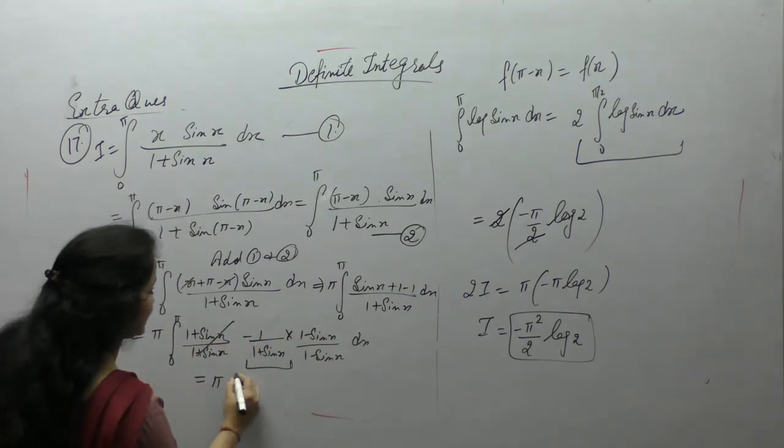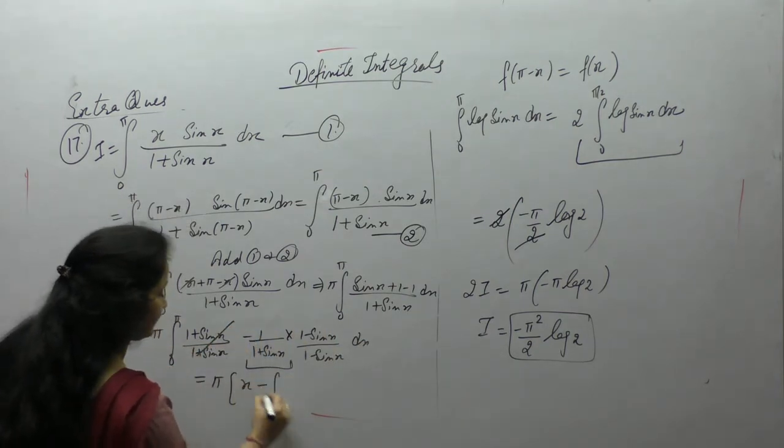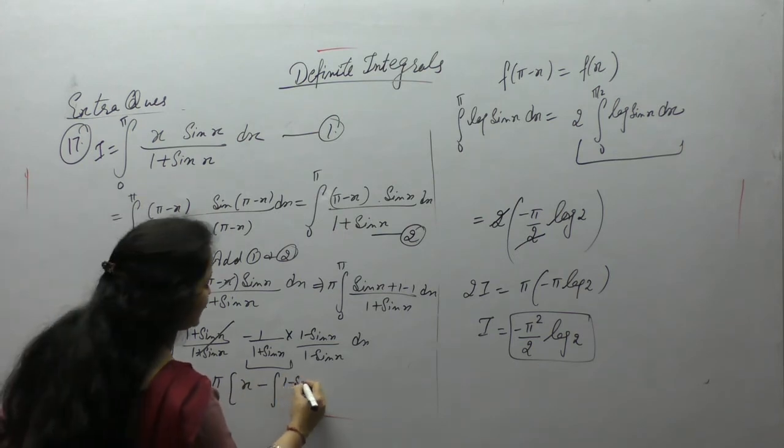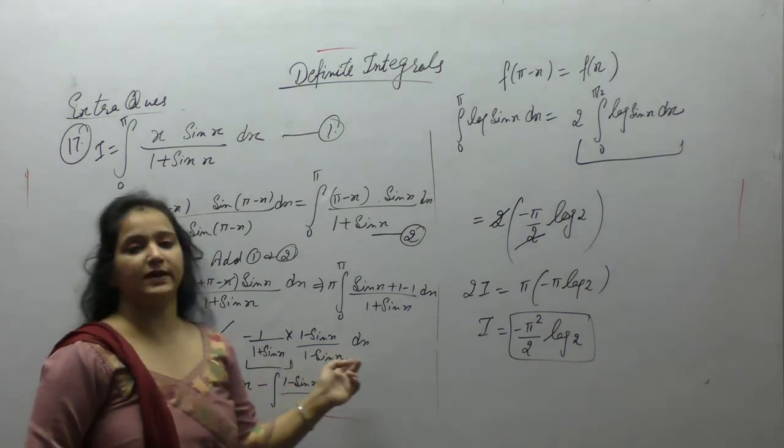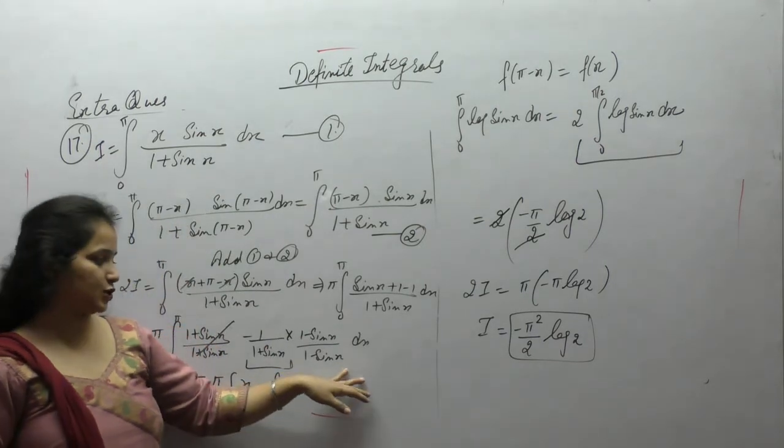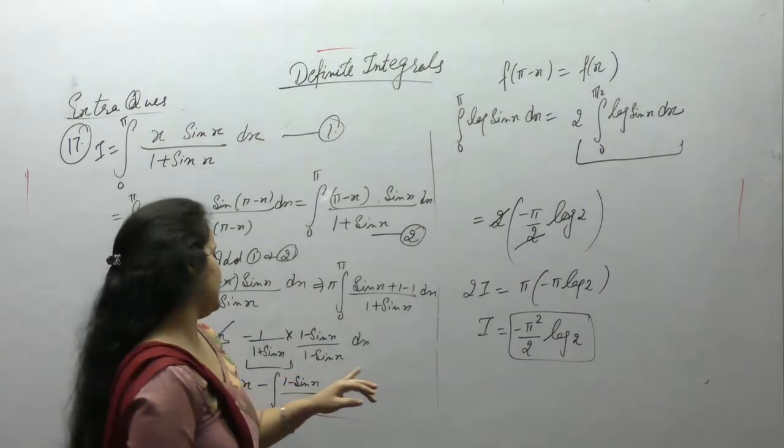Integral of 1 is x. 1 minus sin x. A plus b, a minus b is equal to a square minus b square.